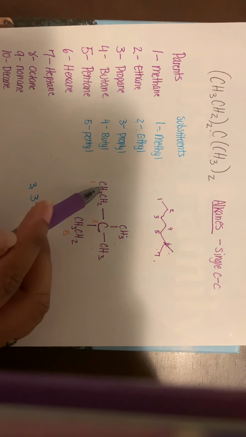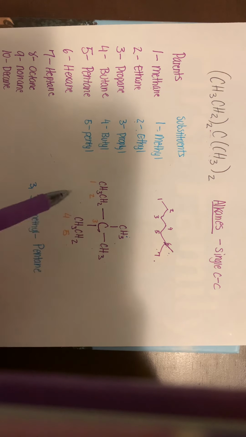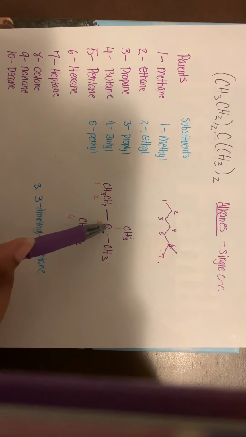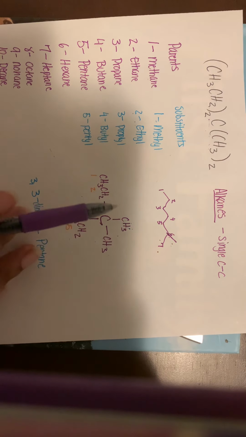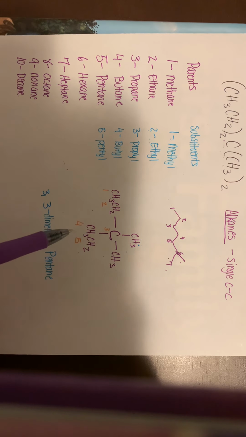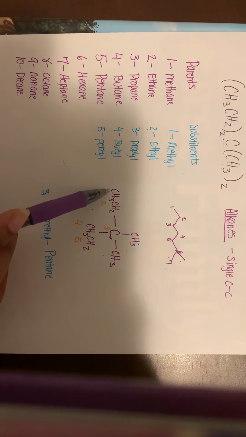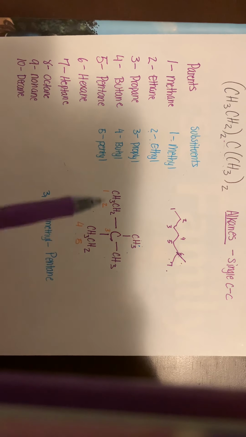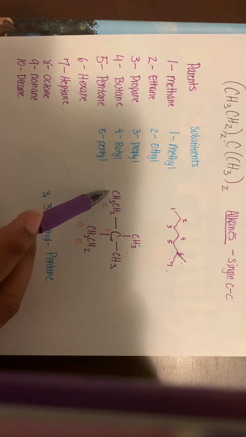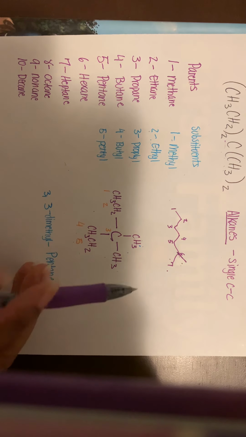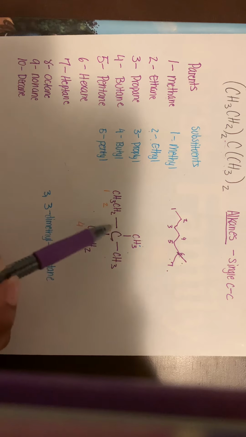That was CH3, CH2, C, CH3, and it's the same thing if we went 1 up. But if you go here, that's different. So CH3, CH2, C, CH3, CH2, and you count the carbons again: 1, 2, 3, 4, 5. 5 is bigger than 4, so that's your parent chain.